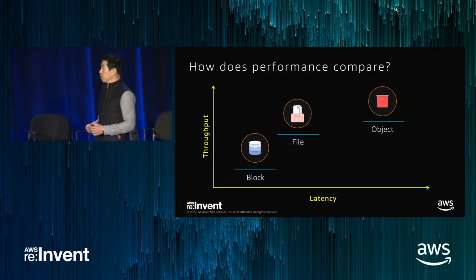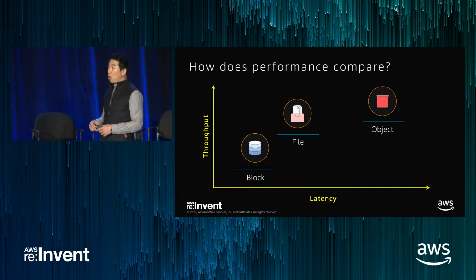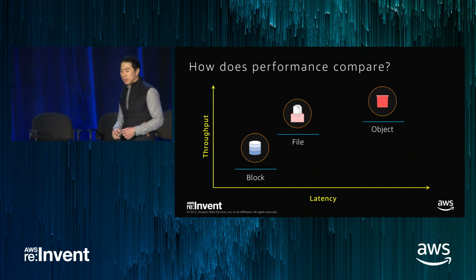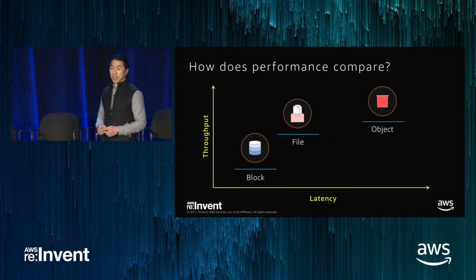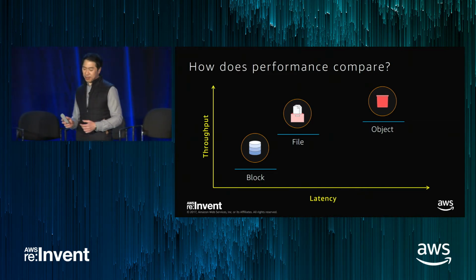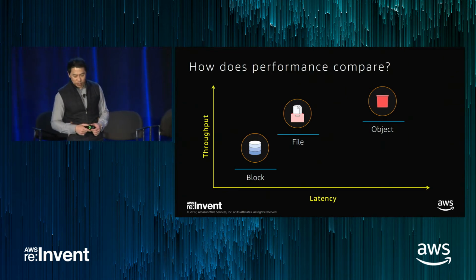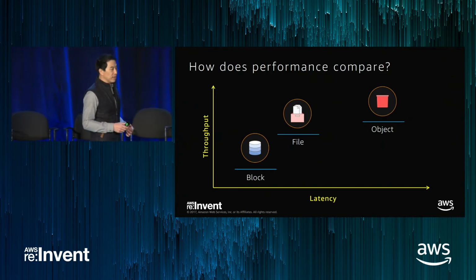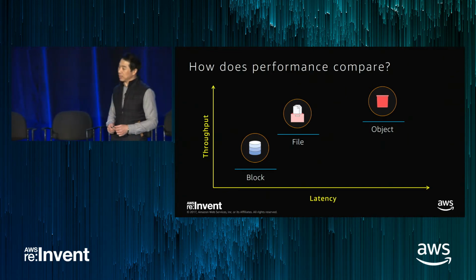File is designed for low consistent latency, but also can provide multiple gigabytes per second of throughput. And object provides the highest levels of throughput, but it's not really designed for latency-sensitive applications.